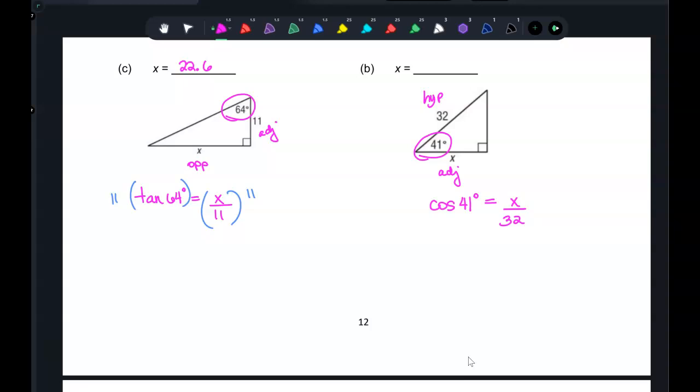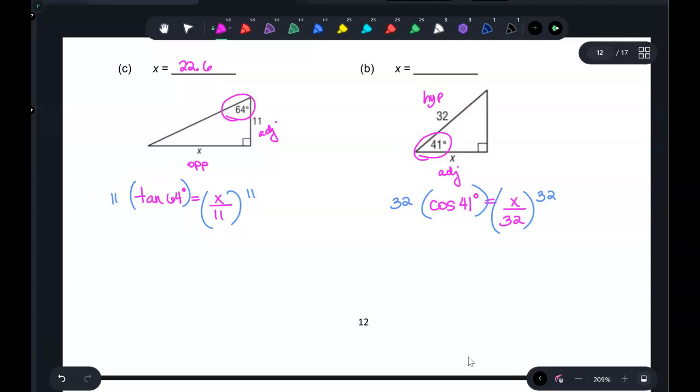And it can't be tangent, because I also don't have the opposite. So cosine's the only option. So 32 times cos 41 equals 24.1502. 24.2.